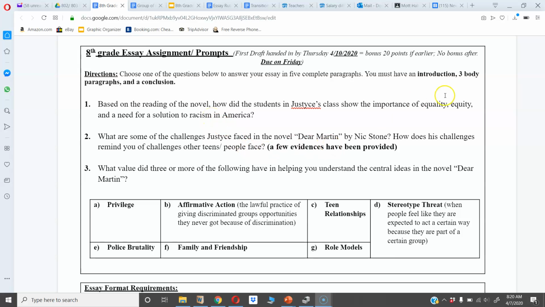The second one: how did the students in Justice's class show the importance of equity in America? And then the next question: how did the students in Justice's class show the importance of a need for a solution to racism in America? That's where you sit down and realize, this is how I would do it. So I have my 3 body paragraphs right there.